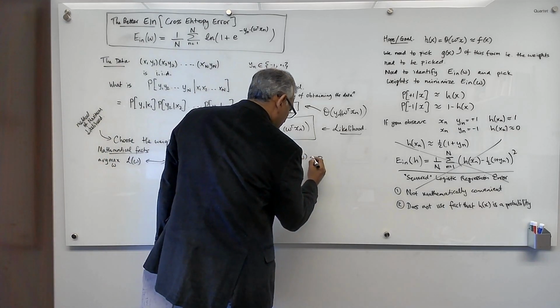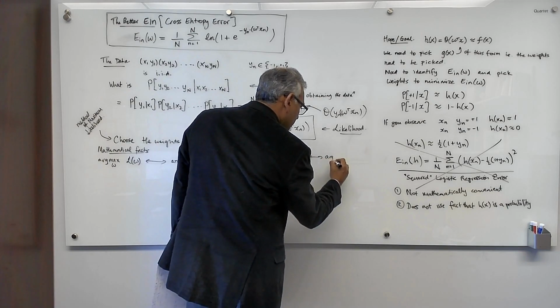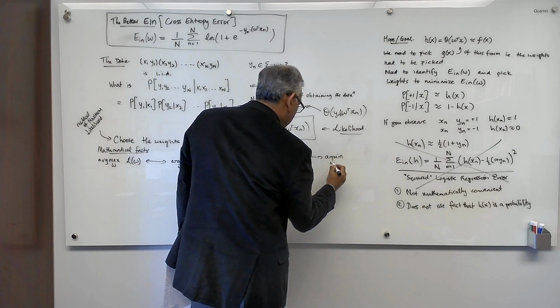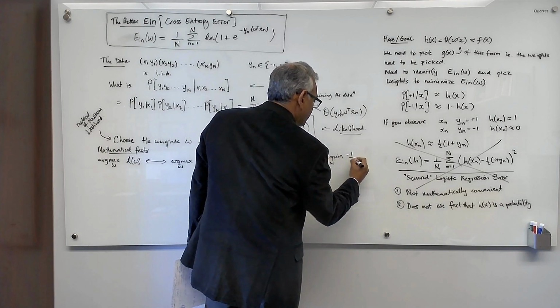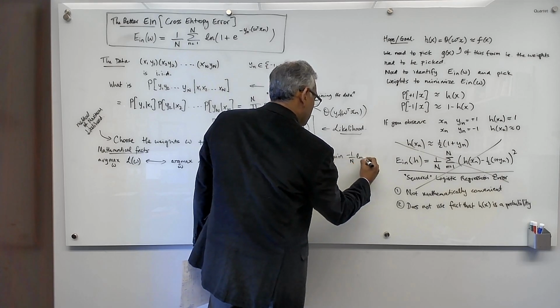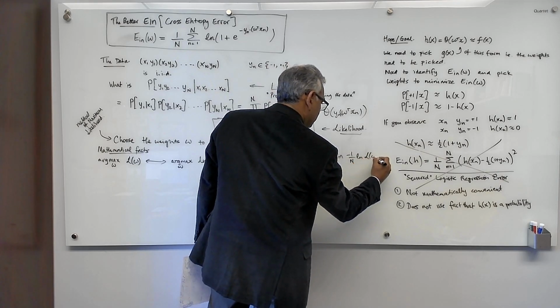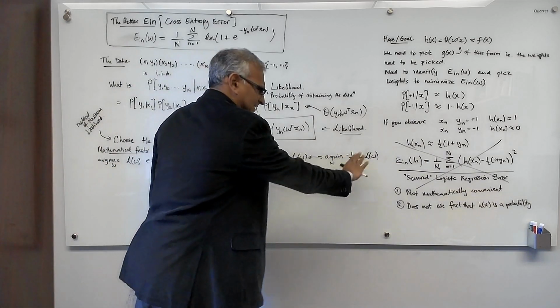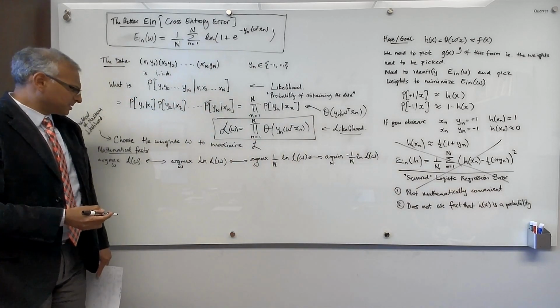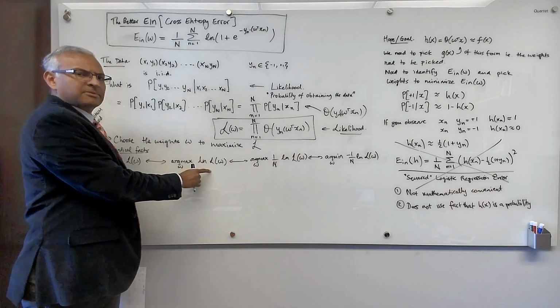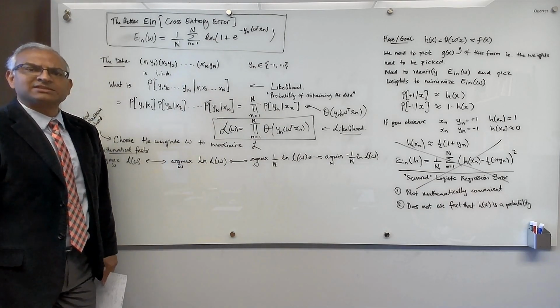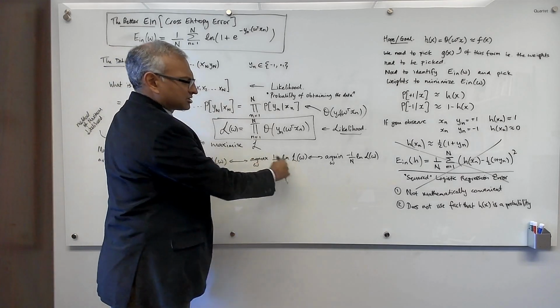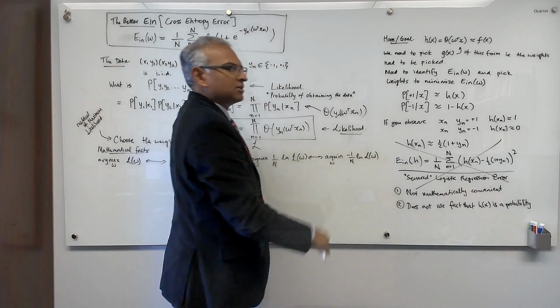So this is equivalent to the arg min over W of minus 1 over n log of L of W. These are just mathematical facts. Can't argue with them. If I want to maximize a function, I can maximize its log and find the argument that maximizes the log. I can maximize any constant times the function, or I can minimize the negative of the function.